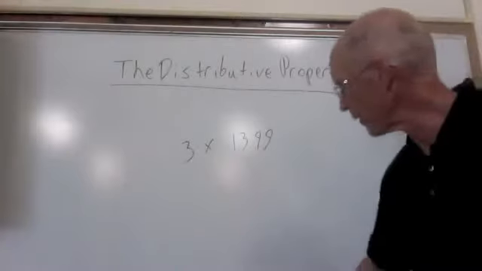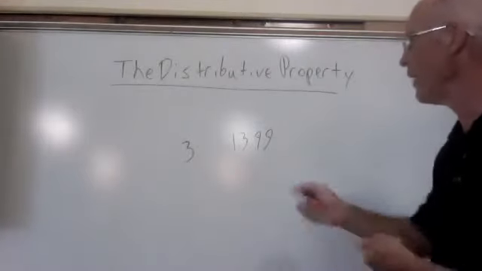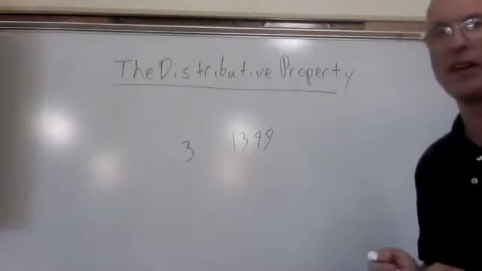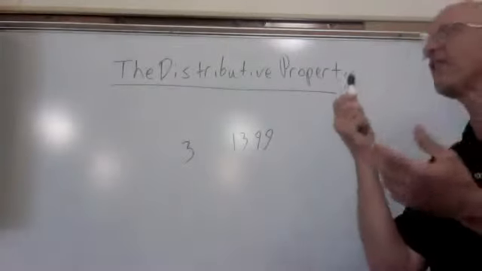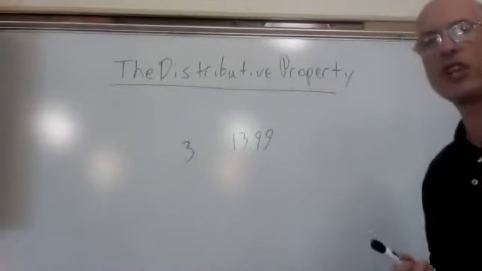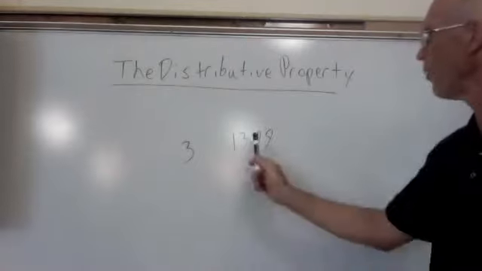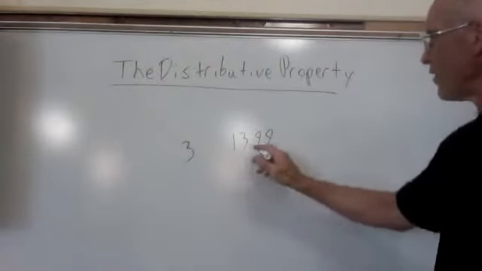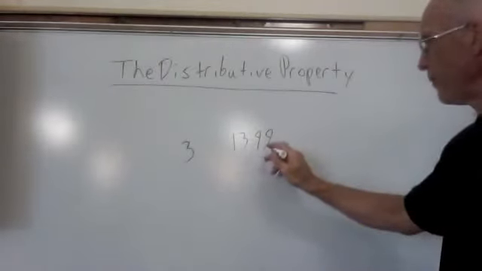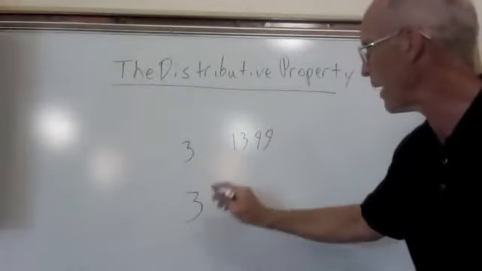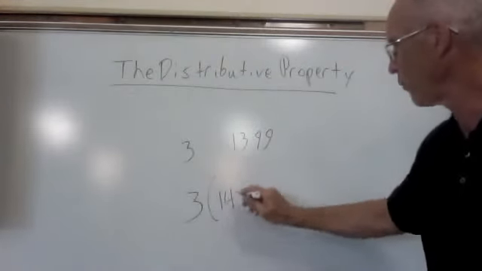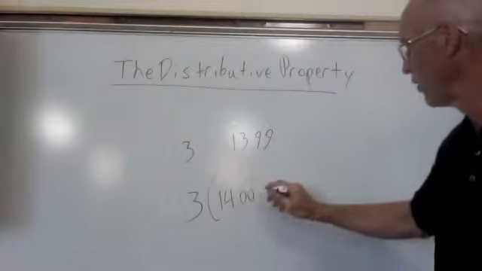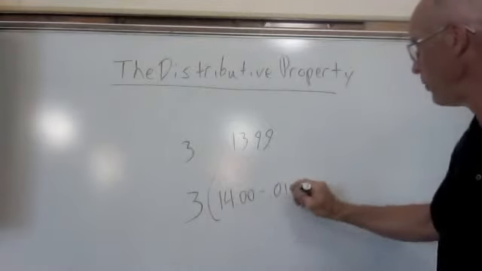Well, that's not that easy to do in your head. 3 times $13.99, it's like 3 times 9, carry the 2. That's just going to be a lot harder. So what I would do is I can see that this is very close to 14. So I'm just going to simply rewrite this as $14 minus 1 penny.